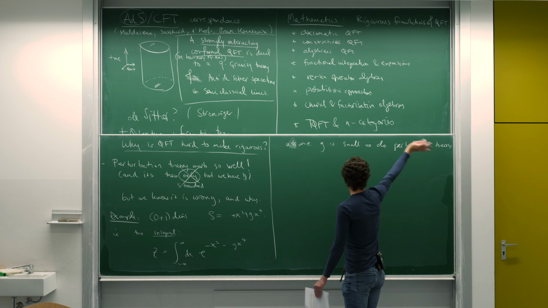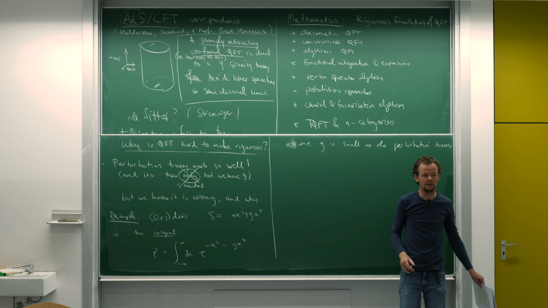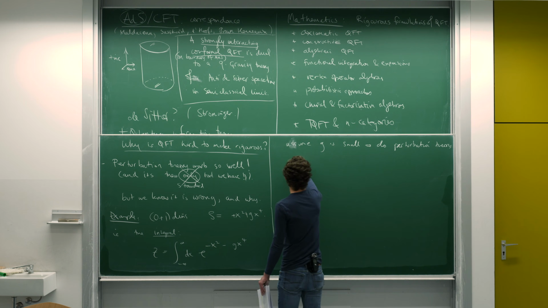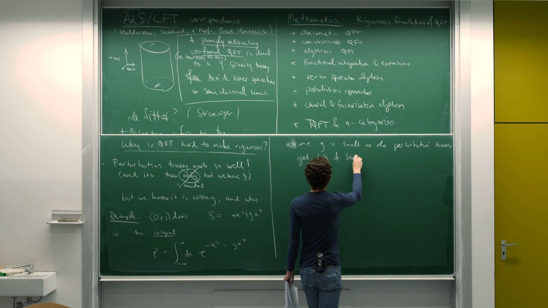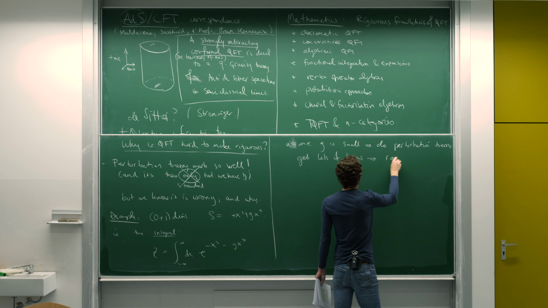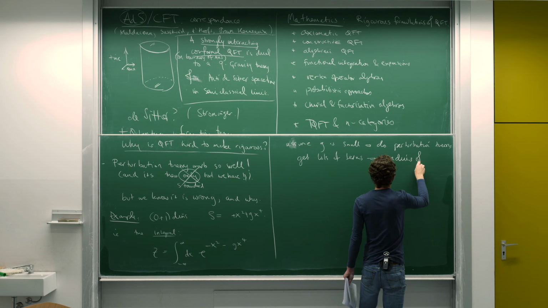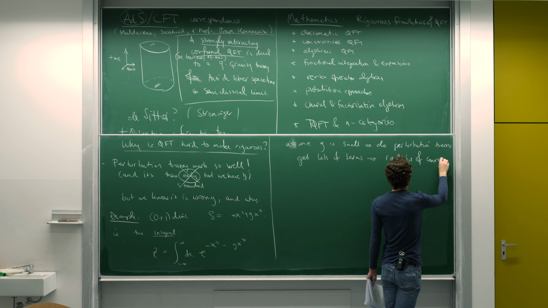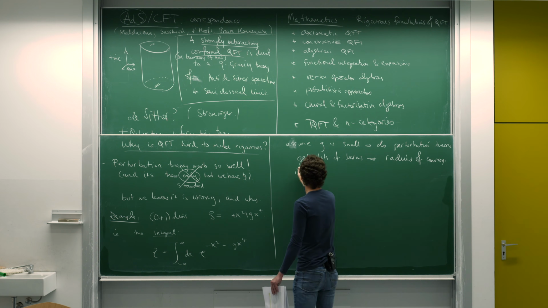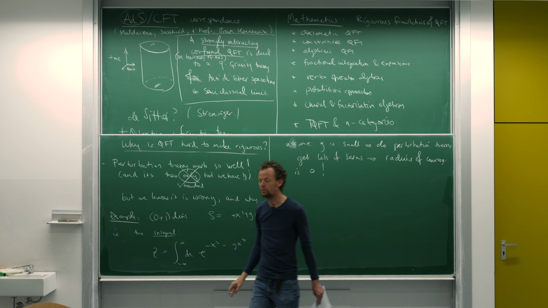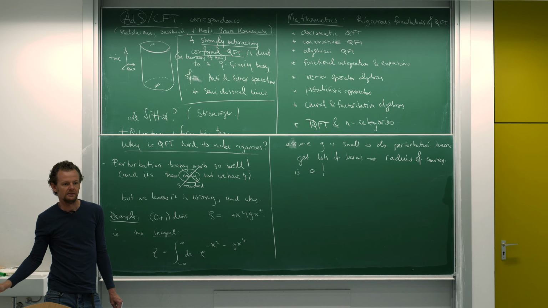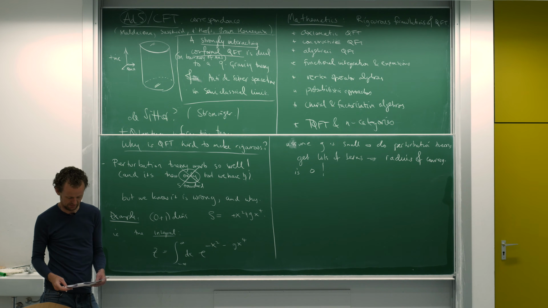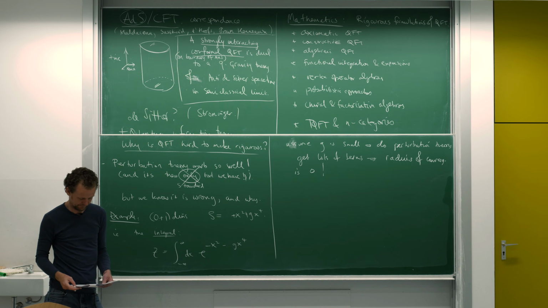If you do that, you get a massive explosion of terms. You get lots and lots of terms in powers of G, and the radius of convergence is 0. Oops. This should not be surprising. It's just the way it is.